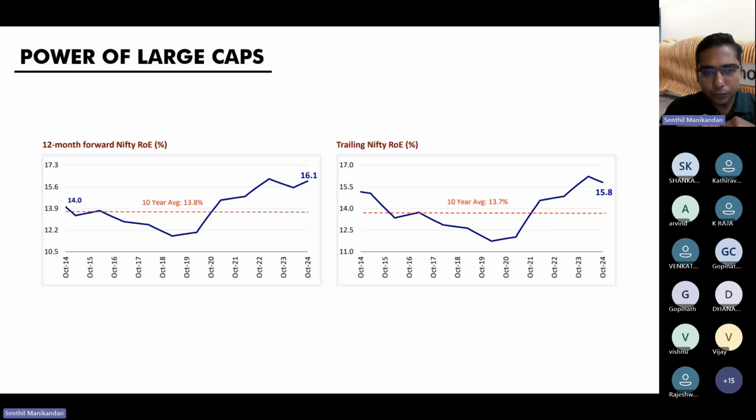As far as the Nifty is concerned, in terms of trailing or forward, ROE tends to be stable, with an average of around 14%. At times it tends to go to around 16% when we are in the best macro situation. So profitability of large cap companies tends to have lower volatility, and that's where they're able to post an average ROE of close to 14%.